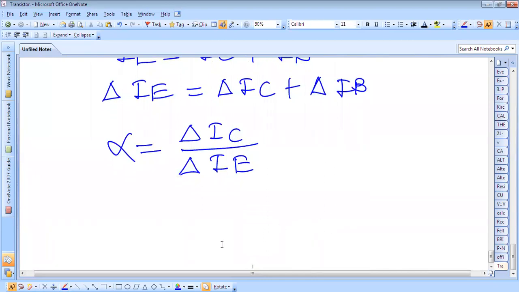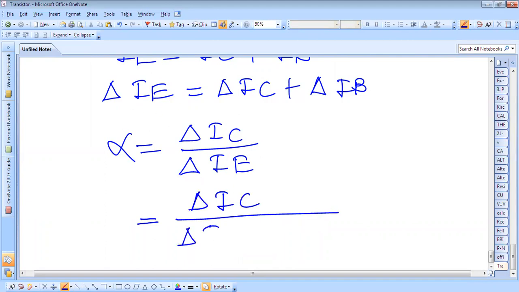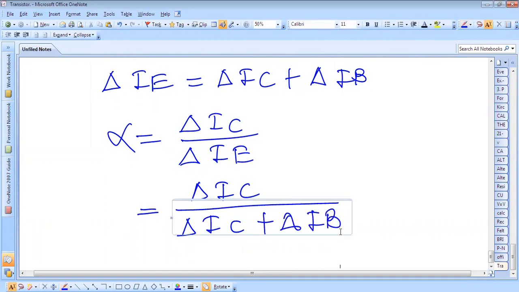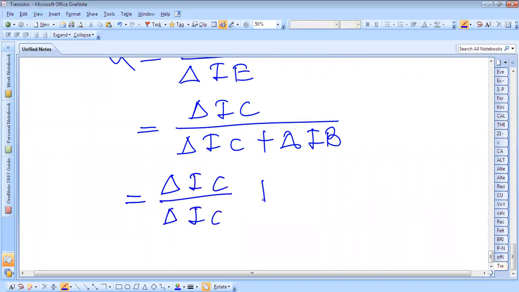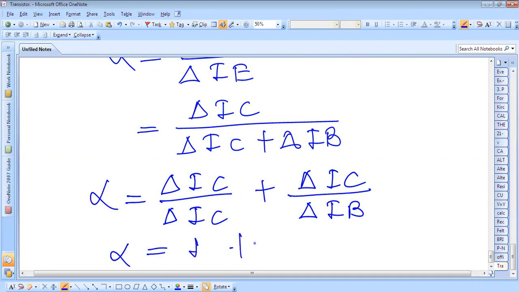Therefore, we can write the change in collector current, and instead of the emitter current, we can substitute the change in collector current plus change in base current, and therefore if you separate these two, alpha is equal to 1 plus the change in collector current to the change in base current.